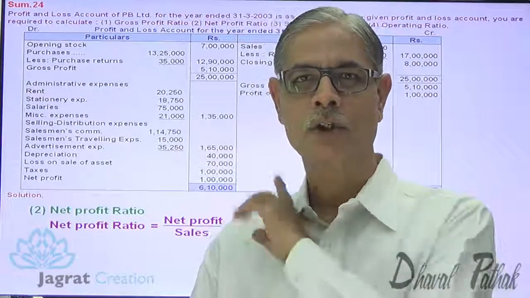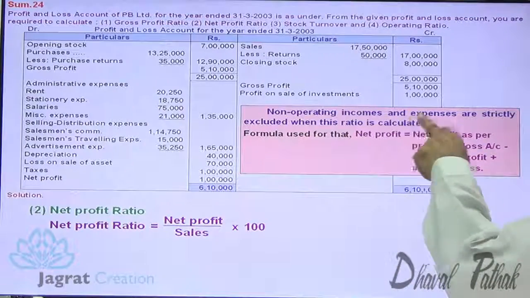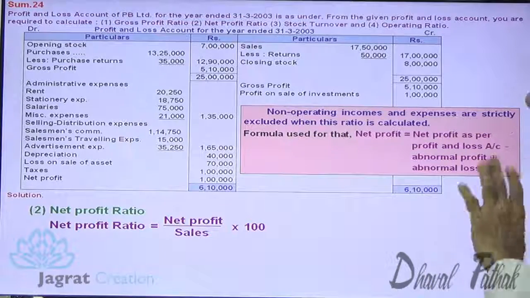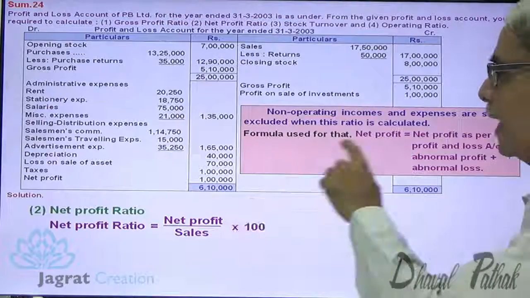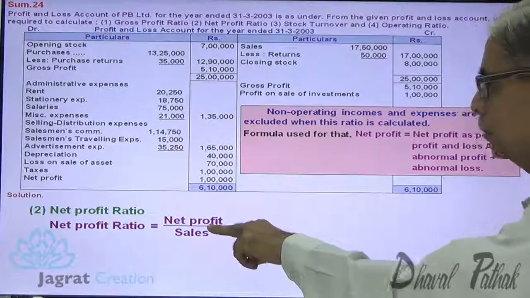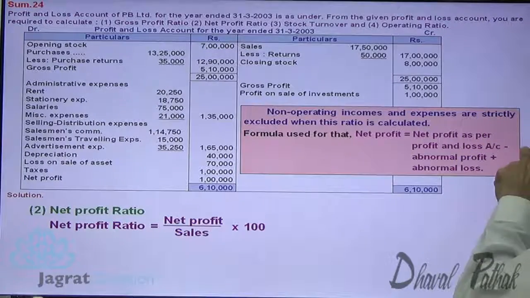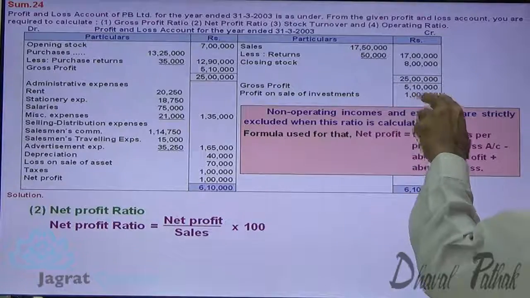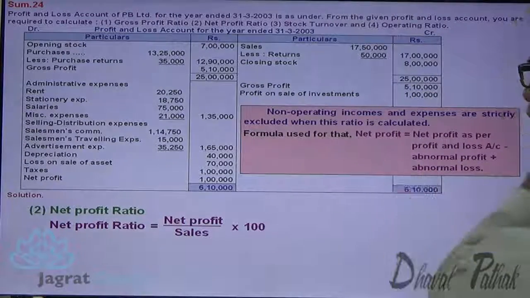Now for that, look at the note. Non-operating incomes and expenses are strictly excluded when this ratio is calculated. Formula used for that is net profit for this ratio is equal to net profit as per profit and loss account minus abnormal profit. They are to be deducted because this has become a part of this profit, and abnormal losses are to be added.